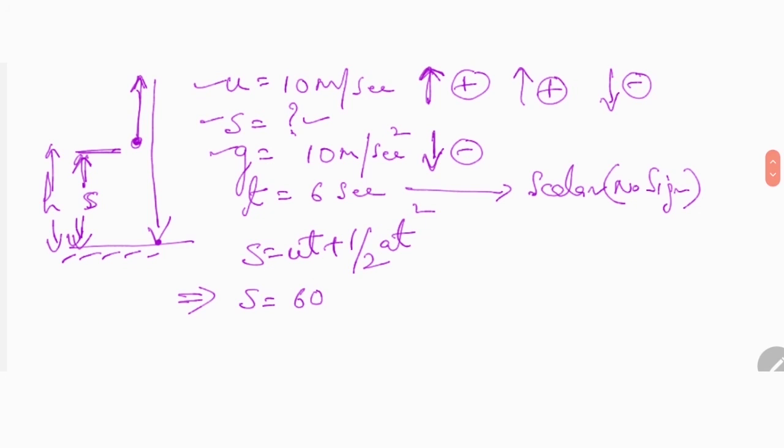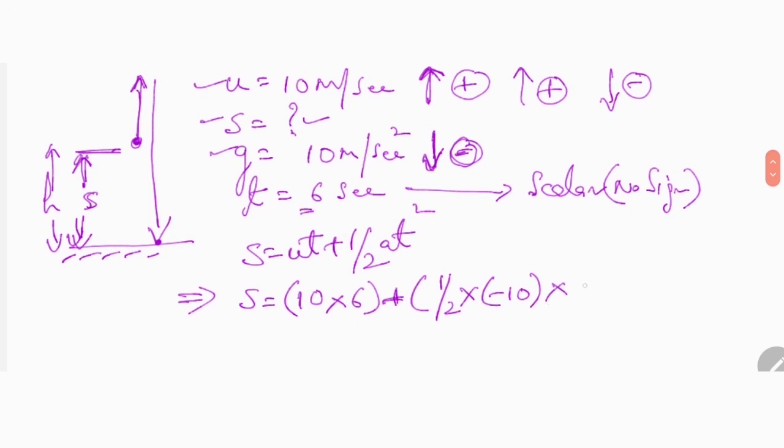So therefore this will be equal to 10 into what is the time taken? Time taken is 6 seconds, plus half into what is acceleration? See the sign, minus, downwards, so it is minus 10 into t square. T is how much? 6.